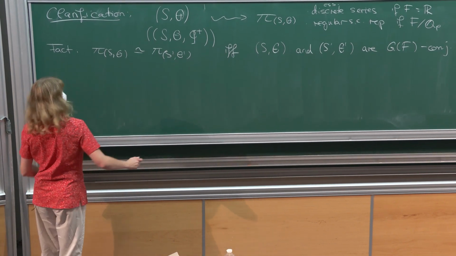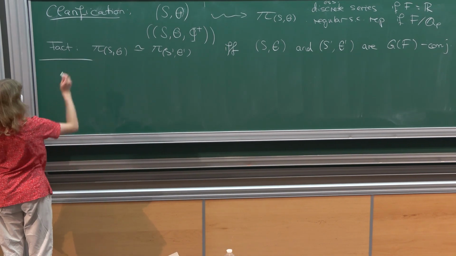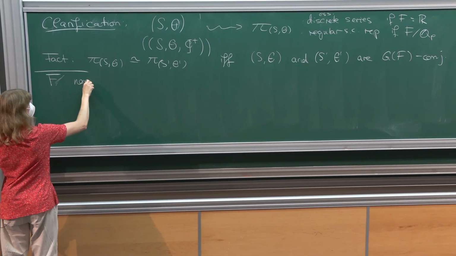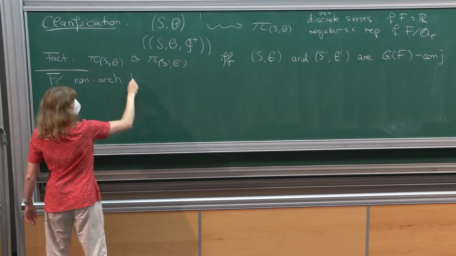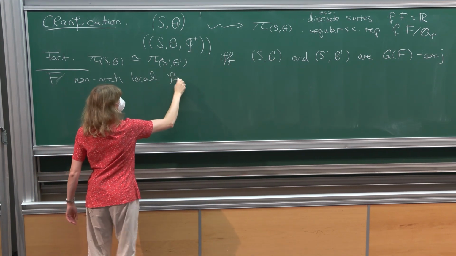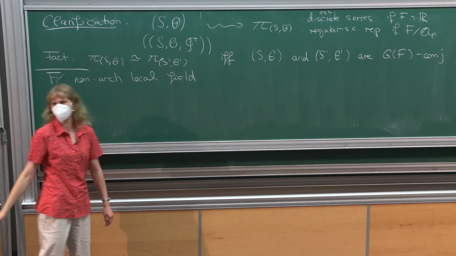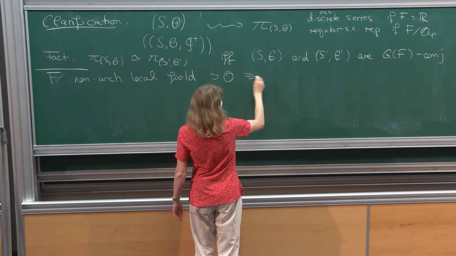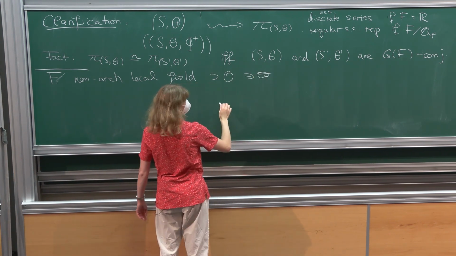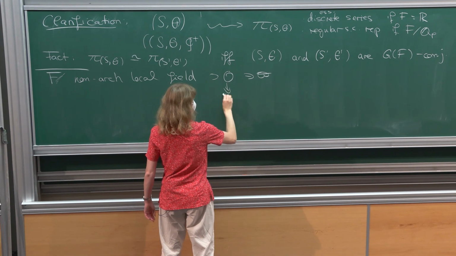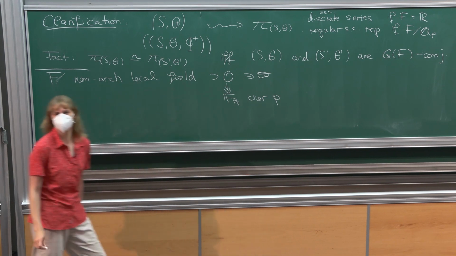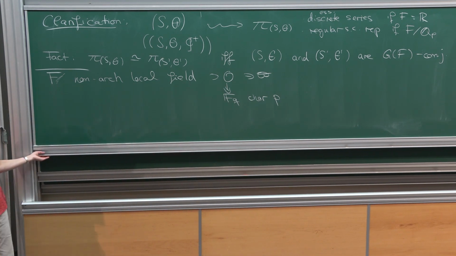All right, so let's see, what's the notation? So from now on, the notation will be that F is a non-Archimedean local field, so a finite extension of Q_p or the Laurent series over a finite field, which contains a ring of integers O, contains a uniformizer pi, and the residue field is F_q of characteristic p. So same notation as in the second half of last time.